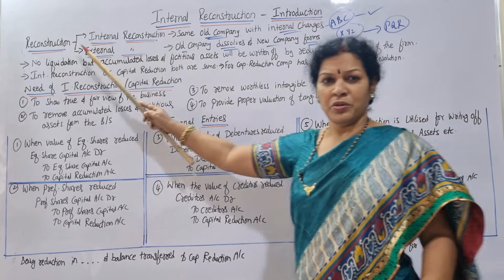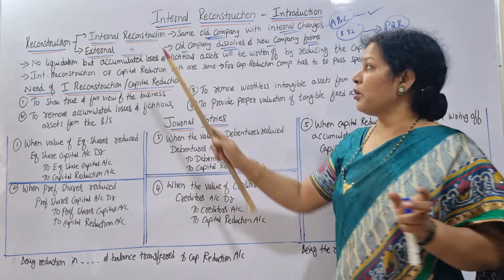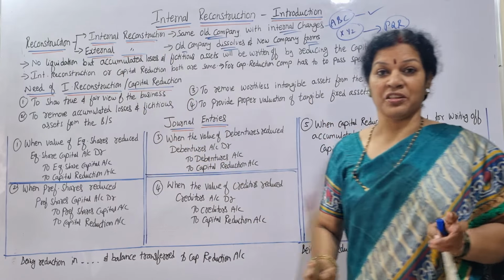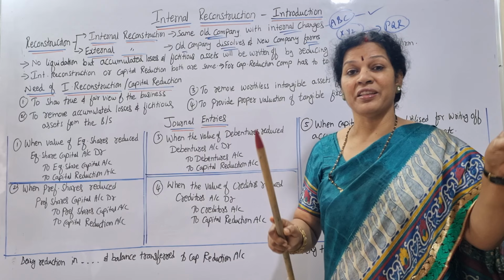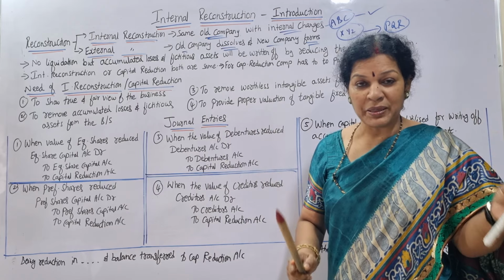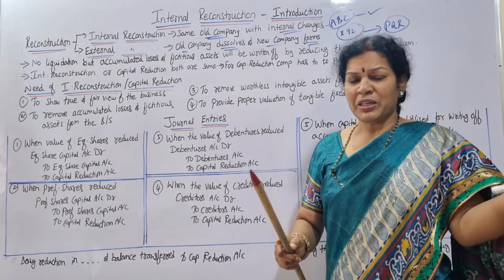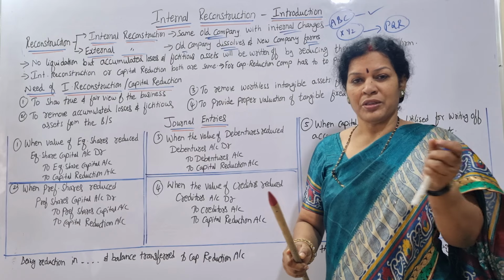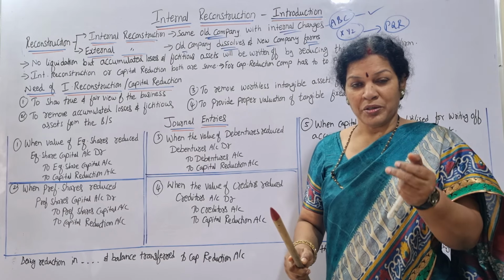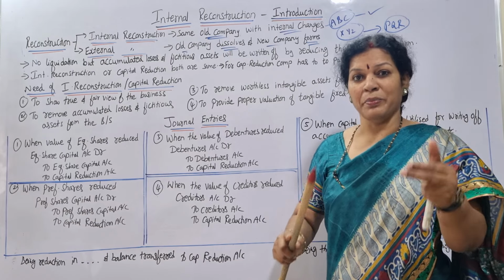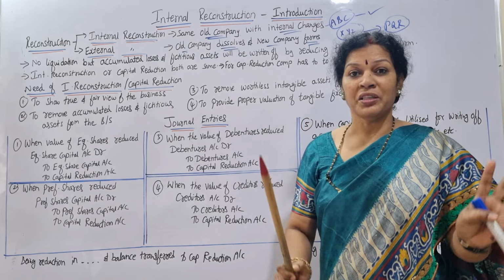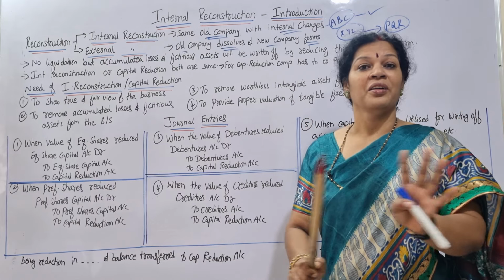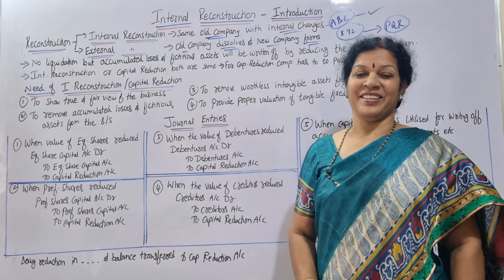Okay. So now in this chapter we are going to talk about only internal reconstruction. Company is not selling, company is not amalgamating with another company. It is with the same company only. Whenever company is getting losses, they just want to reduce it. They want to make some kind of alteration so that it can be shown in the balance sheet that losses are not there.